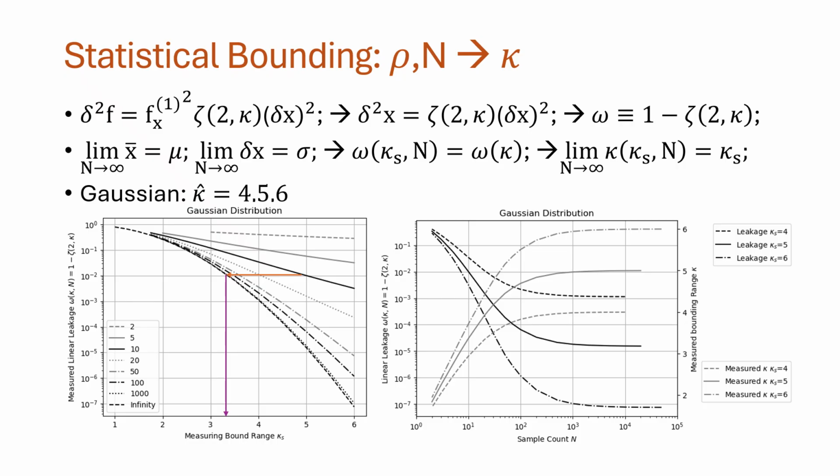For example, this is for 4, 5, and 6, right? And this is the corresponding measured kappa. You can see this is 4, 5, and 6, right?